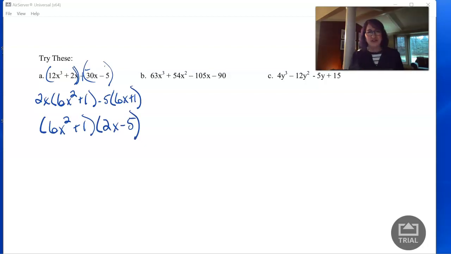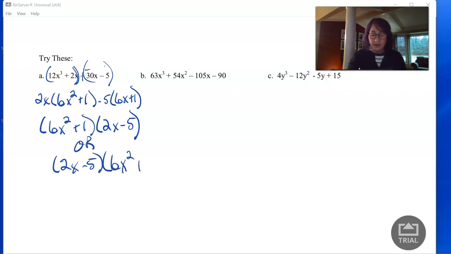And I forgot to mention, if you have your parentheses in the opposite order, so if you have 2x minus 5 times 6x squared plus 1, they are the same. Not a problem. All right, for B, your answer there, you're going to take out a greatest common factor first.